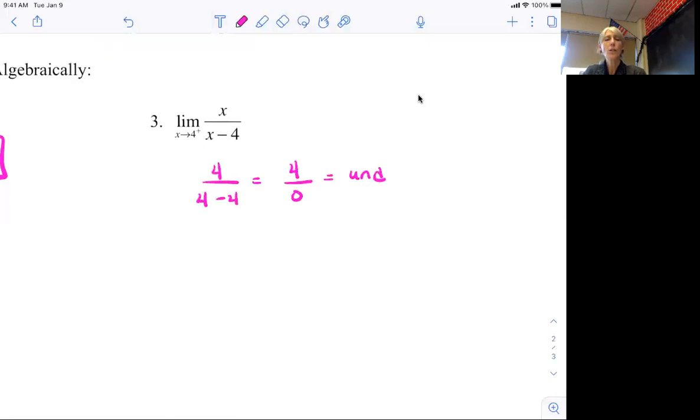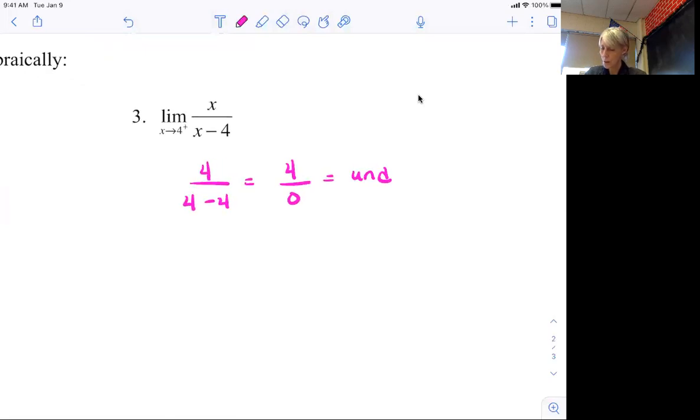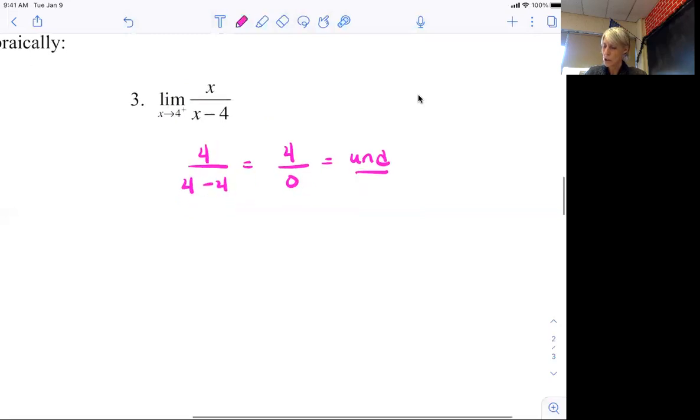This function value is undefined. This one can't factor. I can't factor and simplify it. So I know the limit is not going to exist.